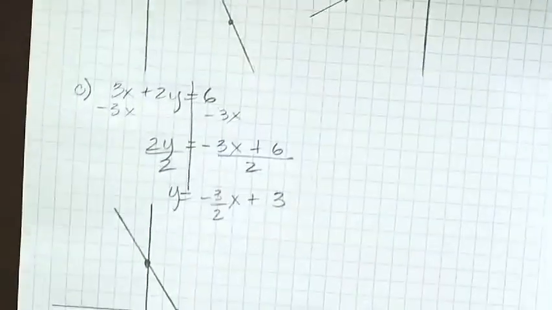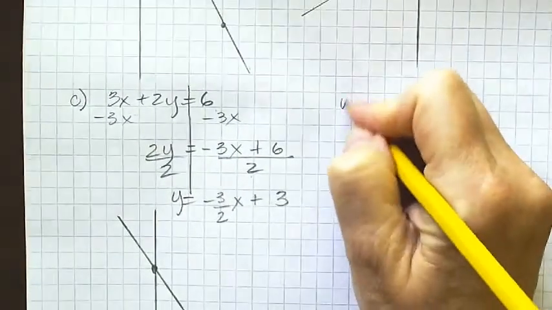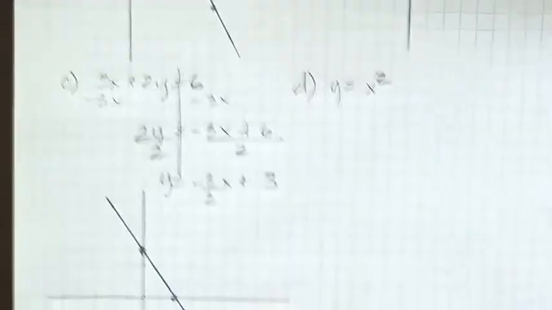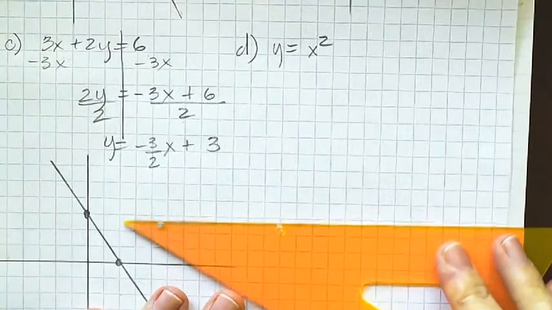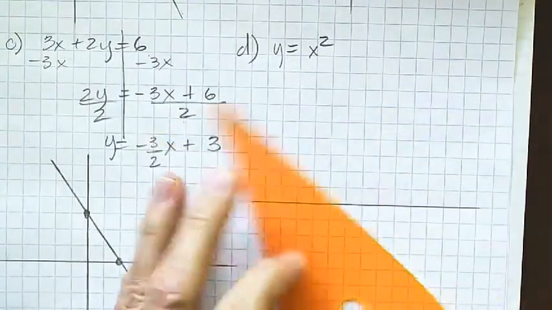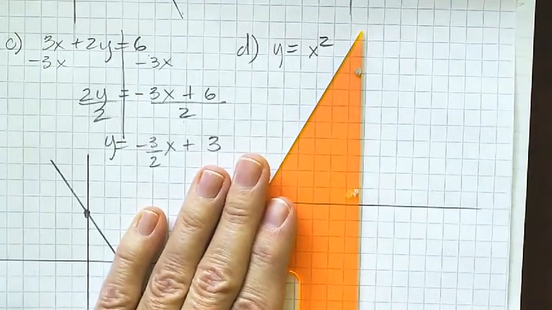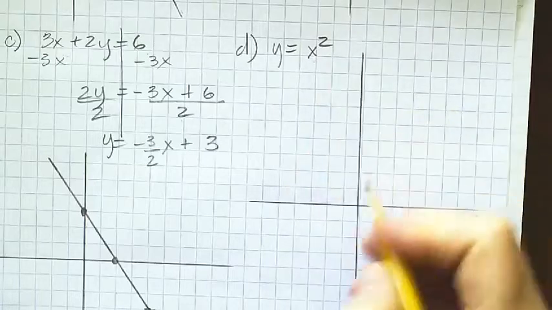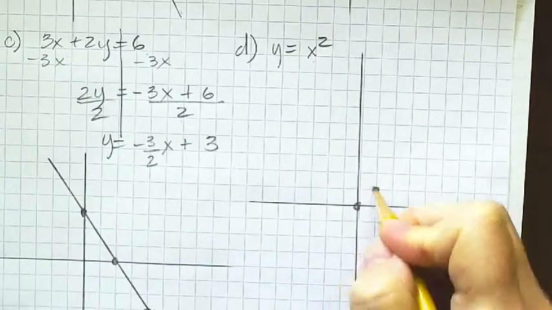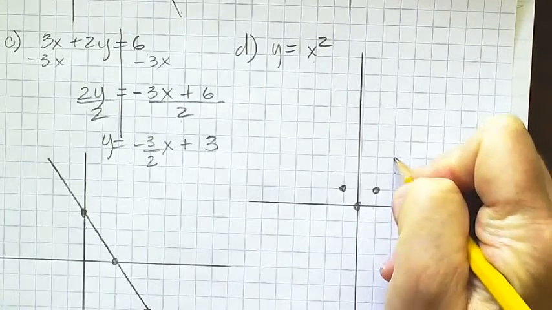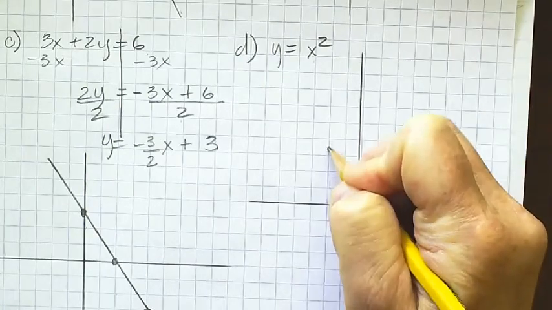Okay, part D, we have y equals x squared. Our friend, the parabola. So hopefully you know what this looks like. Did a lot of work with that last year, right? Okay, so 0, 0, 1, 1, negative 1, 1, 2, 4, negative 2, 4.